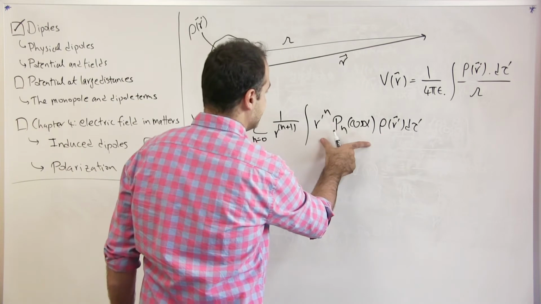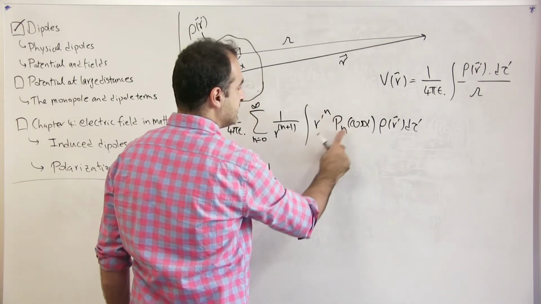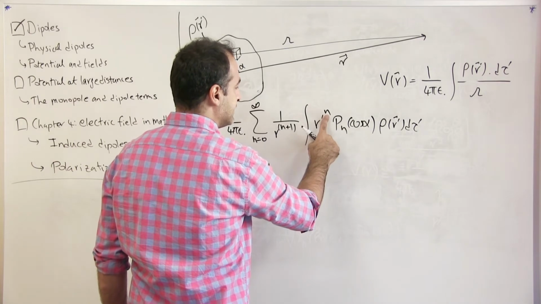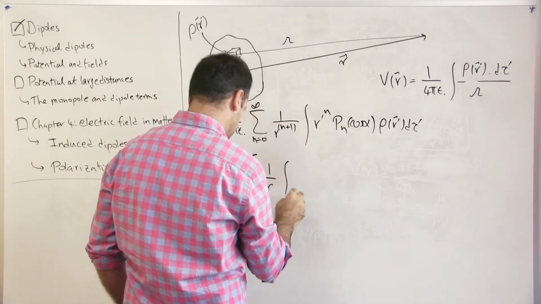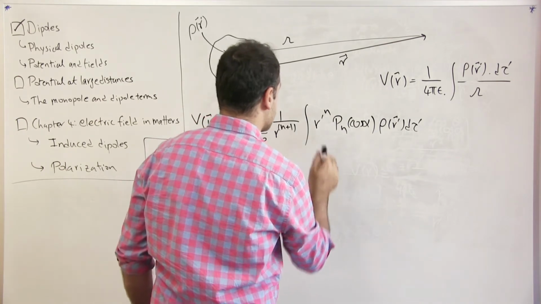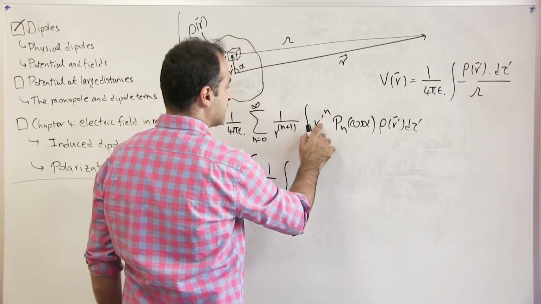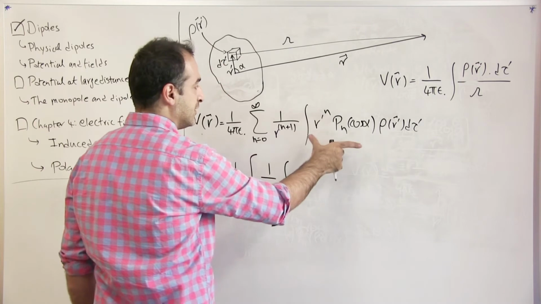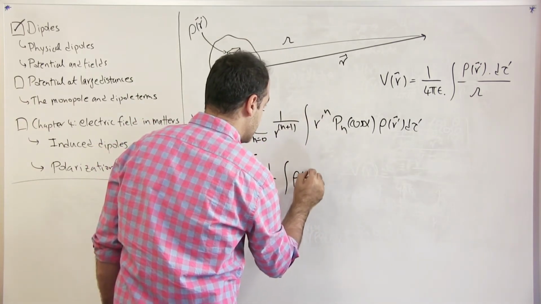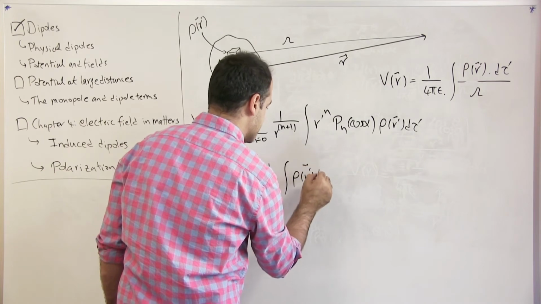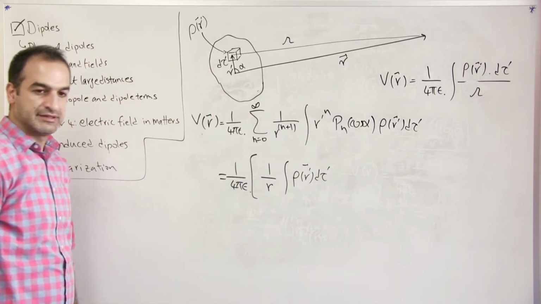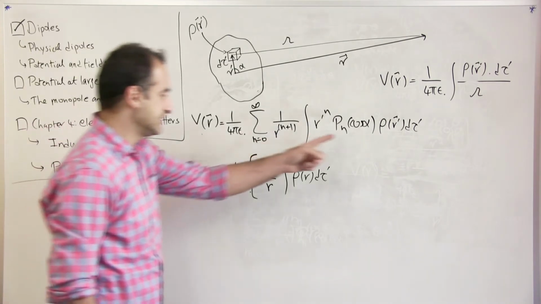Inside, P0 of cosine alpha is just 1, and n is 0, so r prime to the power of n is just 1. So these two terms disappear. We only get rho of r prime times d tau prime.